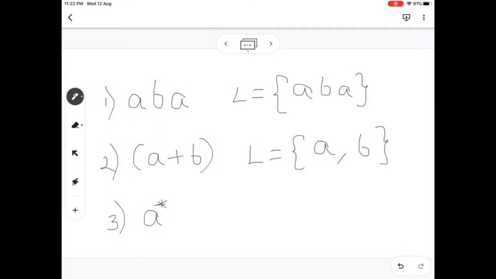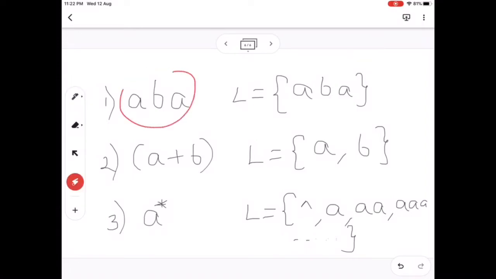Now A star, that is A closure. It means any number of times, 0 or multiple occurrences of A. So the language will contain either empty, that is 0 occurrences of A, 1 occurrence of A, 2 occurrences of A, 3 occurrences of A, and so on. So multiple occurrences of A. So the first one tells you about concatenation, the second one tells you about choice, and the third one tells you about repetition.